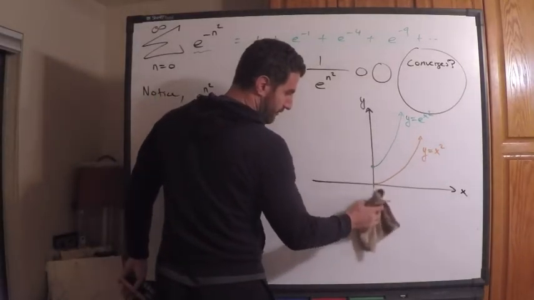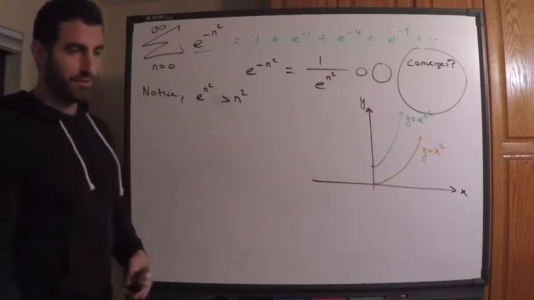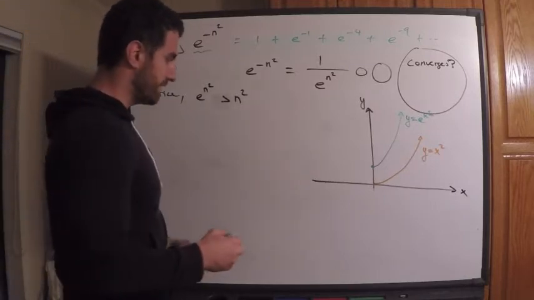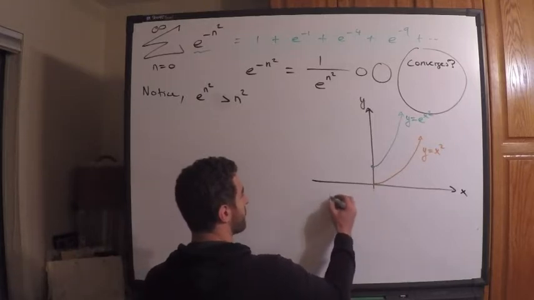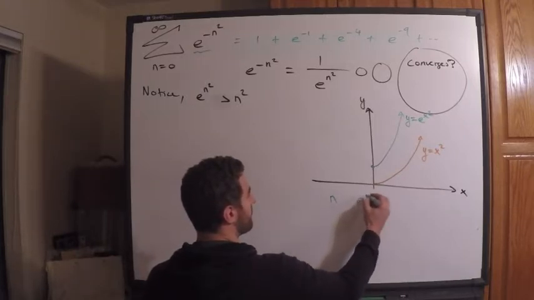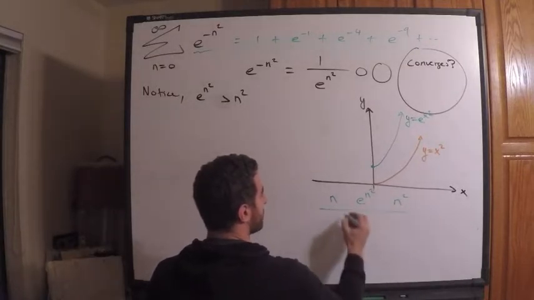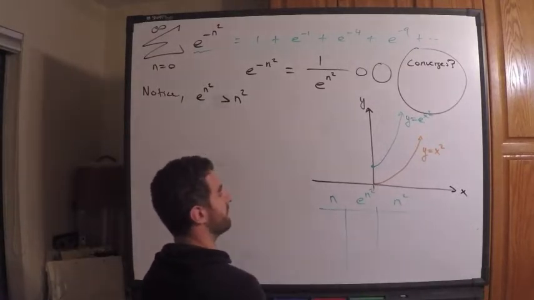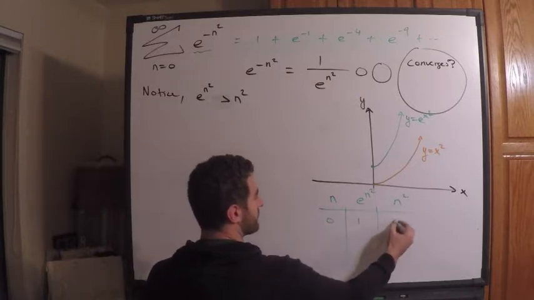Take a trip back in time when you were in algebra and you had to graph something you didn't know how to graph. What did you do? You plotted points. That's right. So try this sort of thing. What if I just compare e to the n squared with n squared? Plug in a couple of values of n. Well, if n is 0, then this is 1, and this is 0.